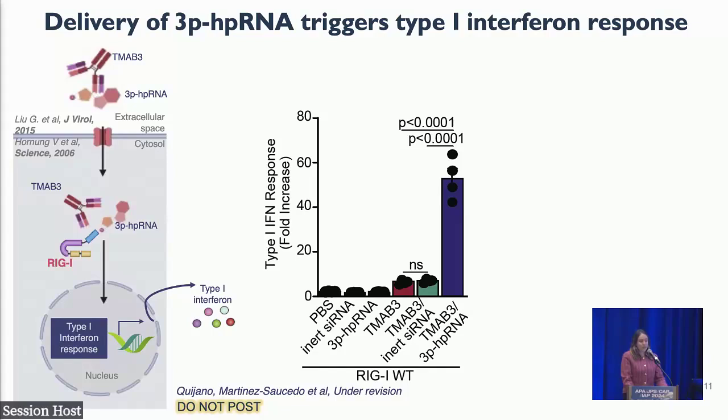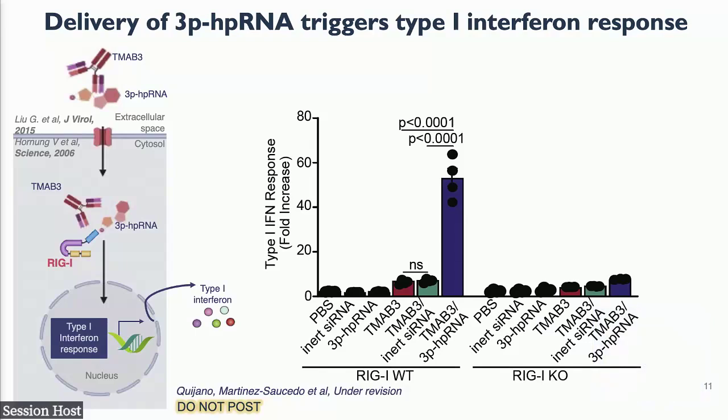So what we did here is that we cultured the cells and treated them with the complex or the single treatments. We measured the type 1 interferon response, and you can see how the complex increases the production of these type 1 interferons. Not only that, but we also went ahead and did a knockout for RIG1, and you can see how this effect is abolished.